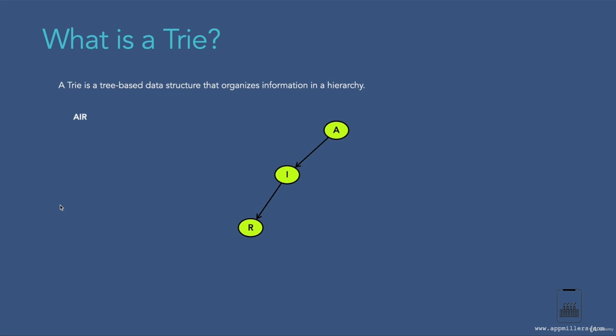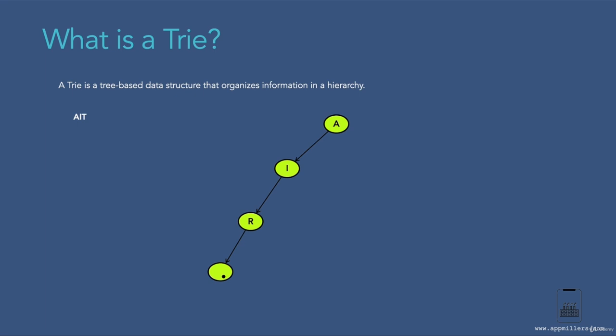Whenever we mention the end of string, we create a new node and set the end of string character to true. If we see a node with the end of string property set to true, it means that the parent of this node is the end of a string. So AIR is a string in this case.